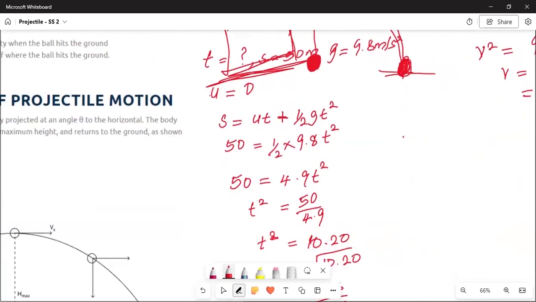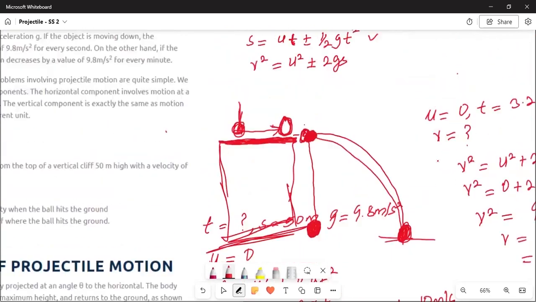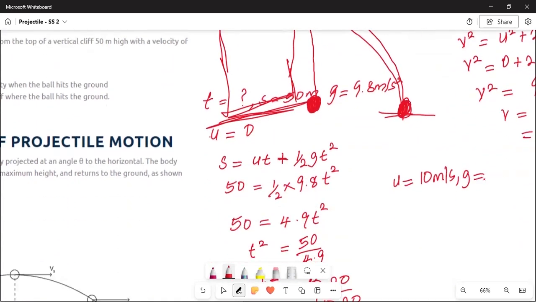So u is equal to 10 meters per second. And we said that when something moves down in a parabolic path like this, the horizontal component of the velocity is independent of gravity, right? So g is 0 in this case, because the horizontal component of velocity is independent of acceleration.